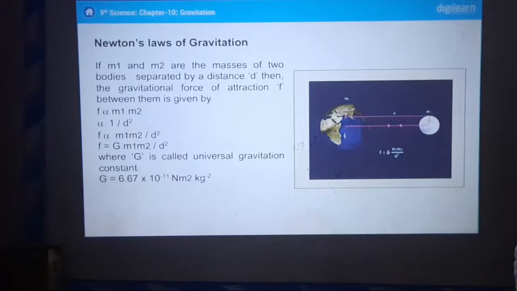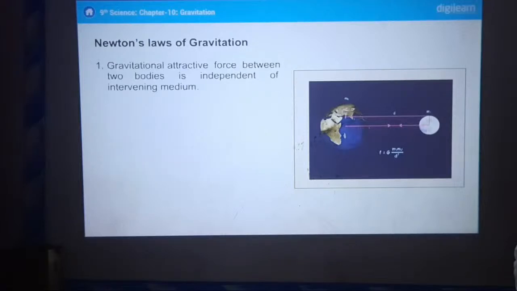F is equal to capital G M1 M2 upon d square, where G is called the universal gravitation constant. G is equal to 6.67 into 10 power minus 11 Newton meter square per kg square. Important features of the law of gravitation.